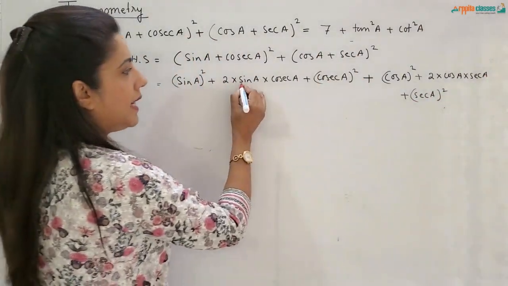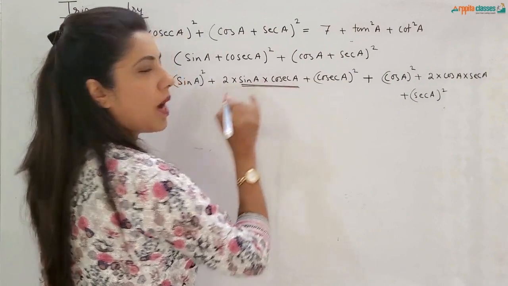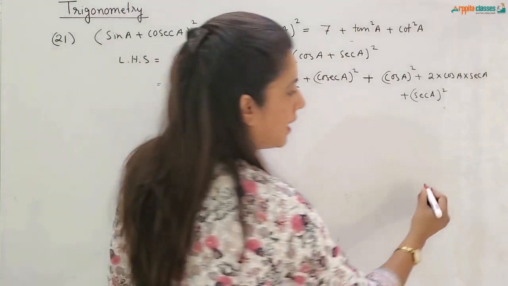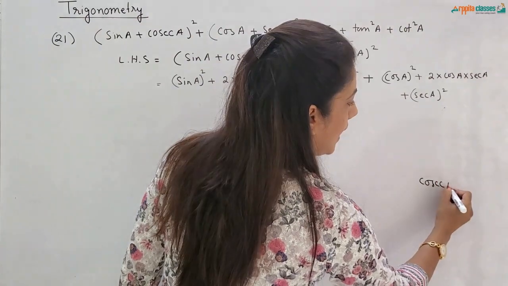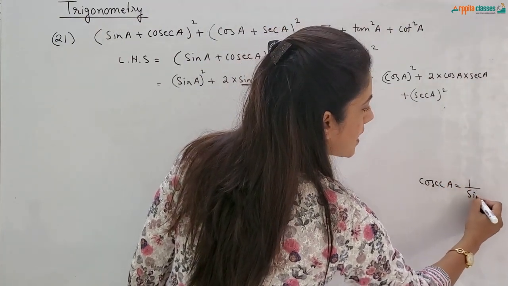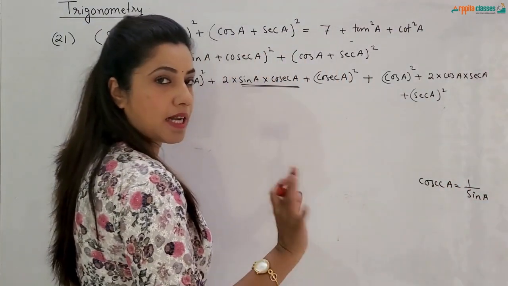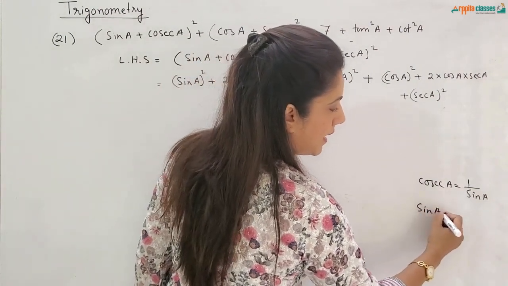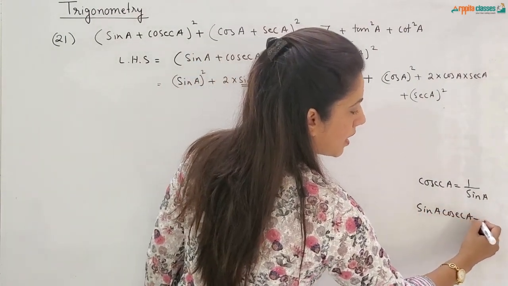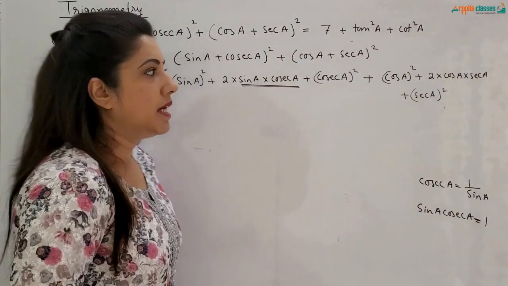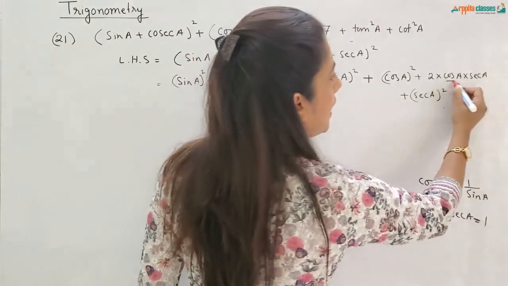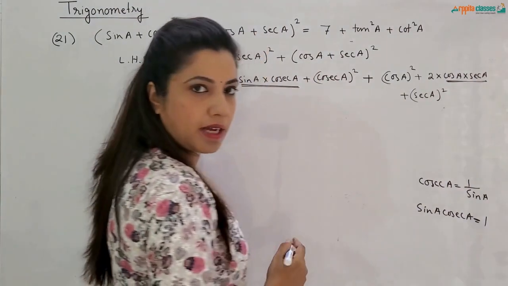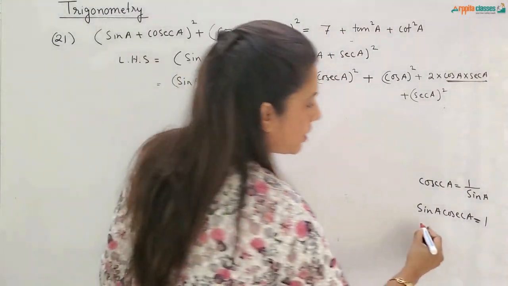Now sin A into cosec A is 1. We already know why. Because cosec A is equal to 1 upon sin A. They are having reciprocal relationship. So if I get sin A this side, we get sin A into cosec A is equal to 1. Similarly, cos A into sec A is also 1 as they have reciprocal relationship.